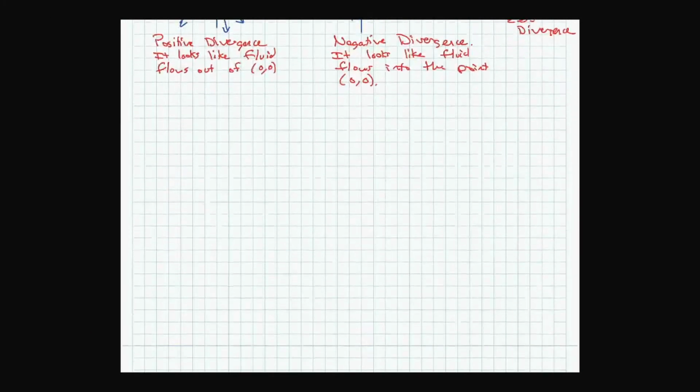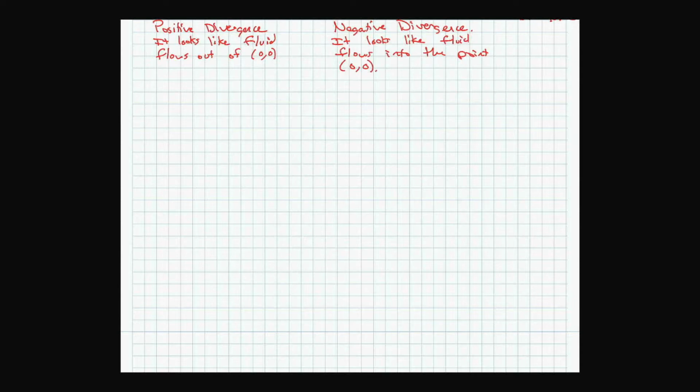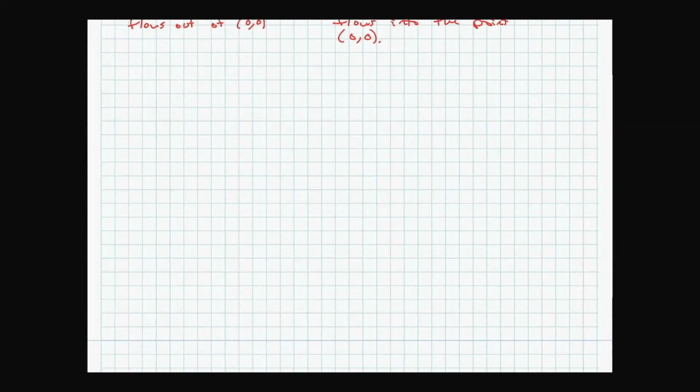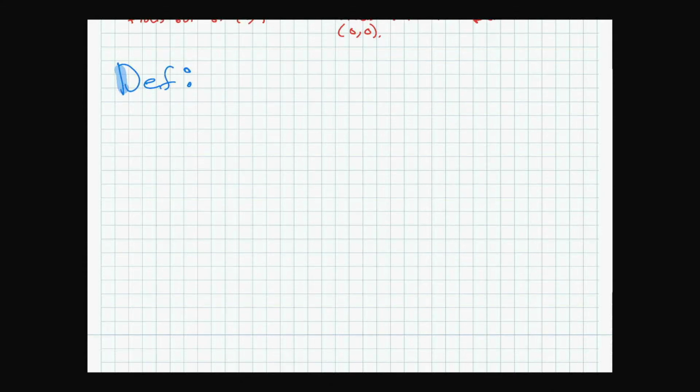Okay, so that's kind of what we're talking about when we're talking about divergence. And then the question will be, how do you calculate it? Okay, so I'll have to write the definition here. Definition. So if we're going to be looking at a 3-component vector, I mean, you could do it for a 2-component vector.